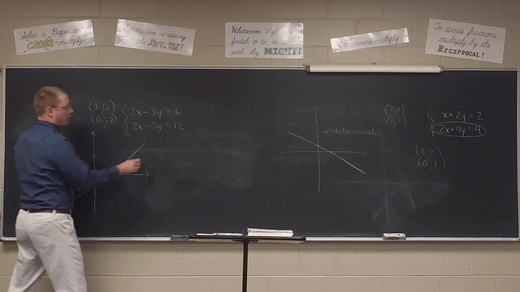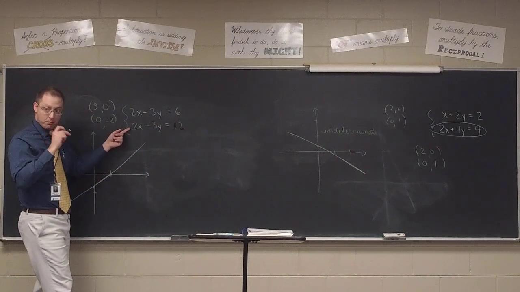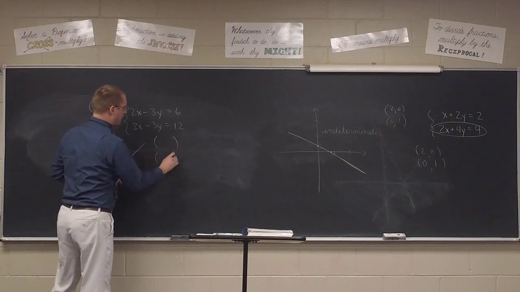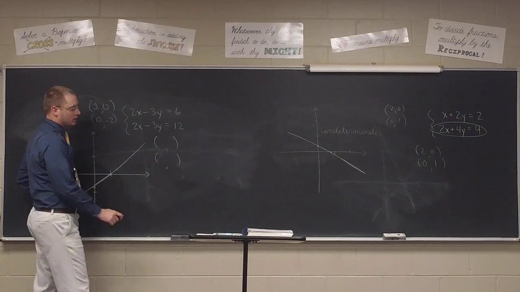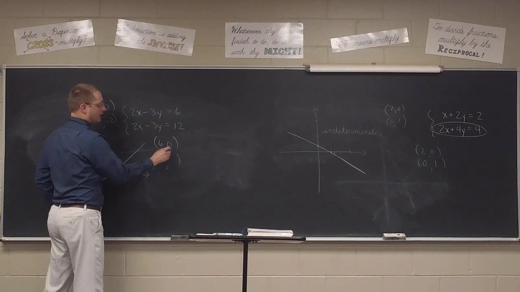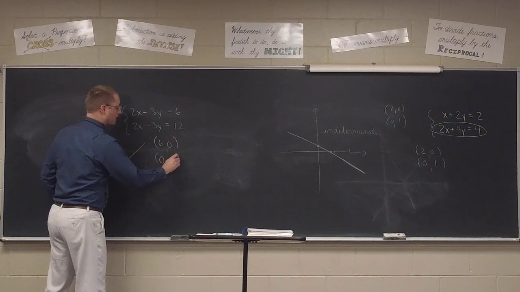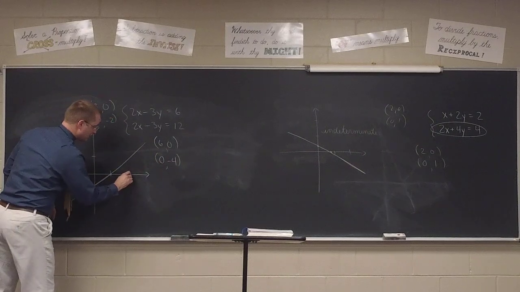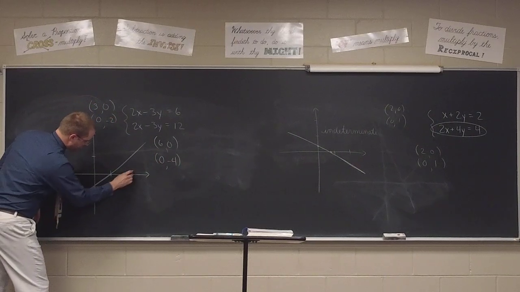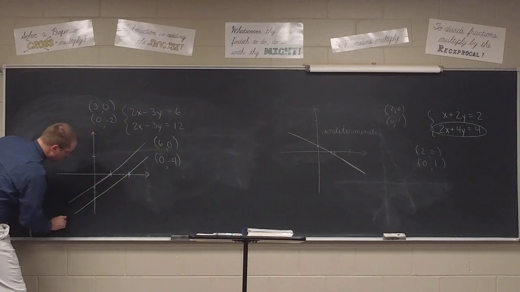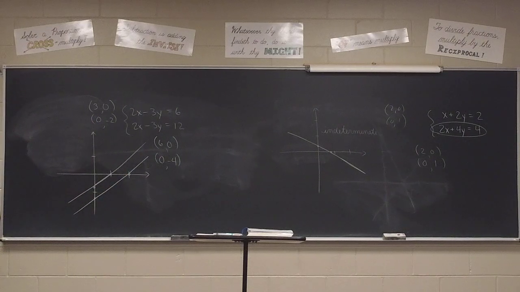All right, second equation, Brecken, intercepts or slope-intercept form? All right, and x-intercept? And the y-intercept? 0, negative 4. So here we've got a 6, 0, and a 0, negative 4. Thoughts on those lines, class?